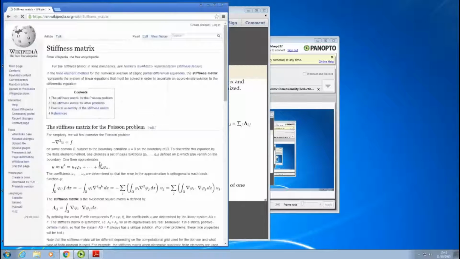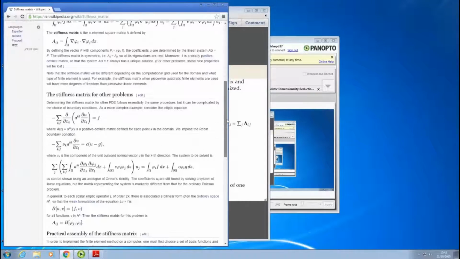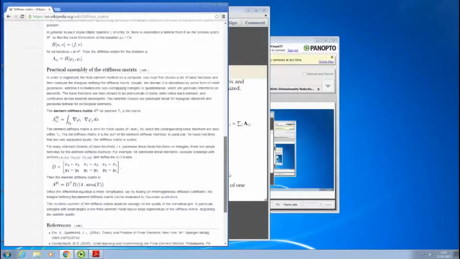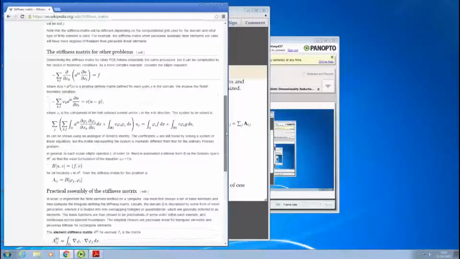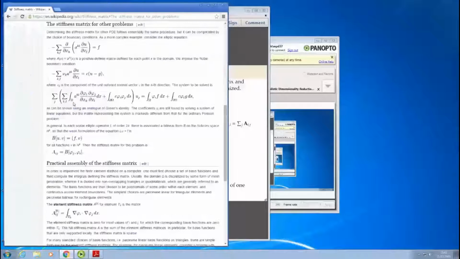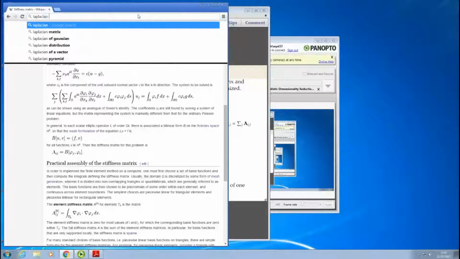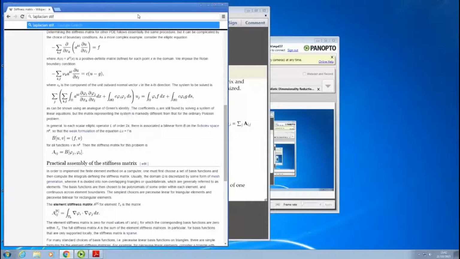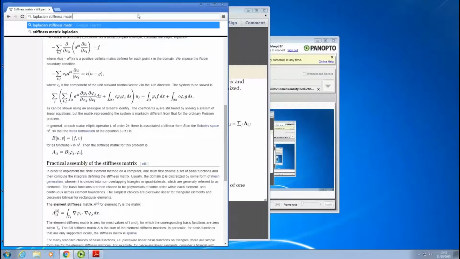It's a while since I looked at Wikipedia. Oh, I can't see it. Wikipedia's changed. How dare it change? Stiffness matrix for other problem. Yeah. Oh, I think you don't even find much if you search for Laplacian stiffness matrix.